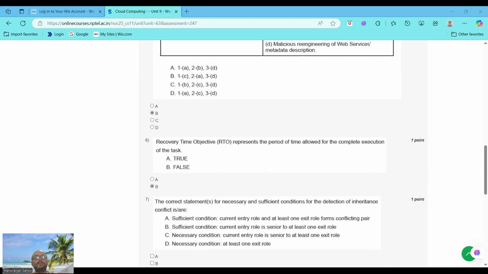It is a false statement because the recovery time objective defines the maximum allowable time to restore a system after a failure, not the execution time. It is not an execution time. It is the maximum allowable time to restore a system.